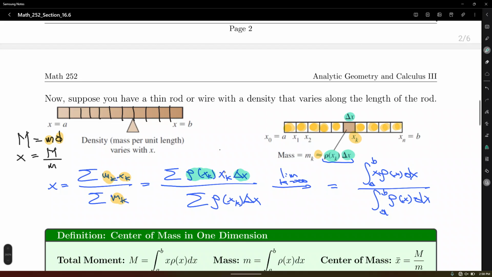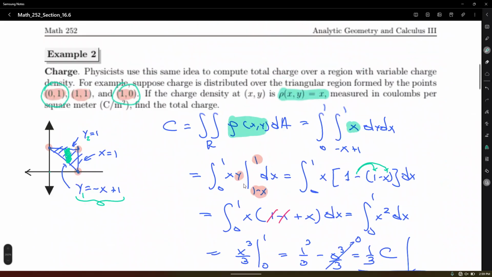And this xk comes from the position of the partition. Here, m is mass, and mass is defined as density times length. In a similar way, we define that here.